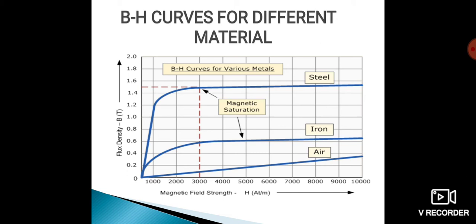As we go on increasing the magnetic field strength, the magnetic flux density also increases. For air, the BH curve is a linear graph, continuously increasing. For iron, it is slightly increasing and exponential in nature, whereas in the case of steel, it is highly exponential in nature.